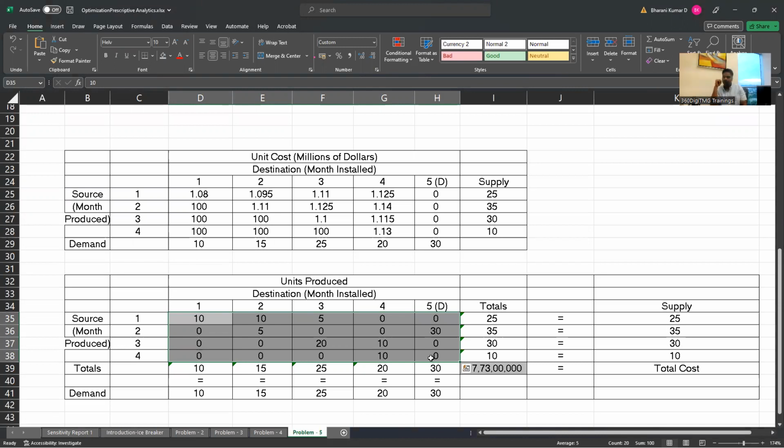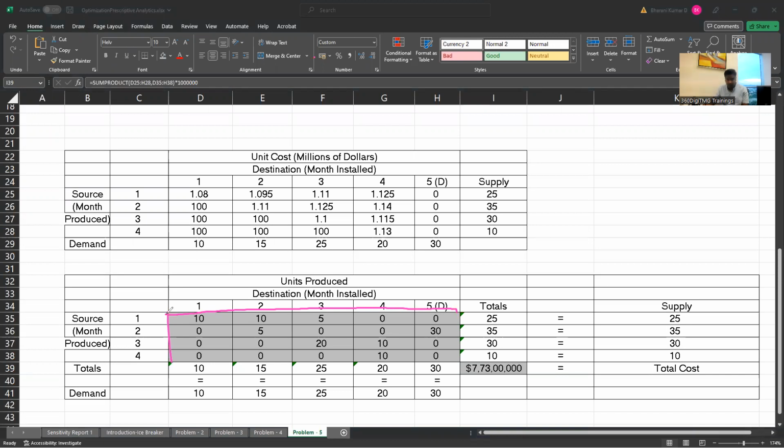Okay, next. What is the objective function? The objective function here is the sum product of how many units of sand you're going to produce and how many units of sand you're going to store in your inventory, multiplied by the corresponding costs.